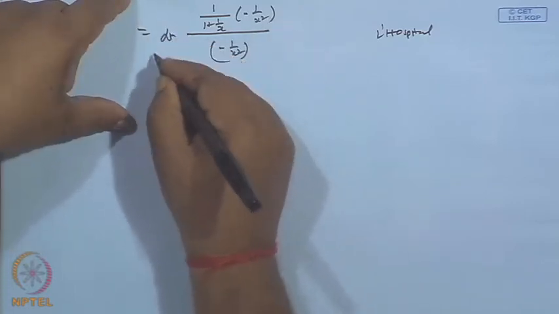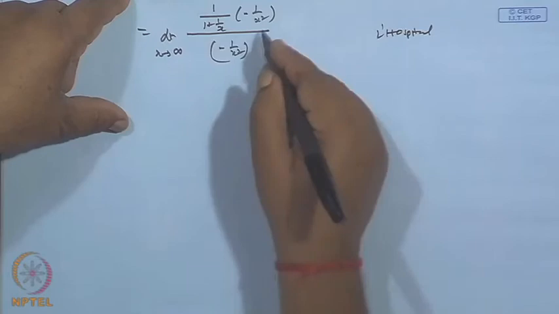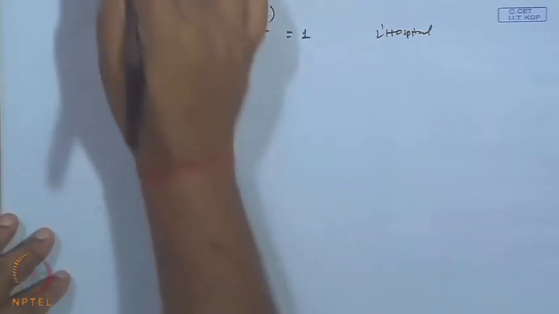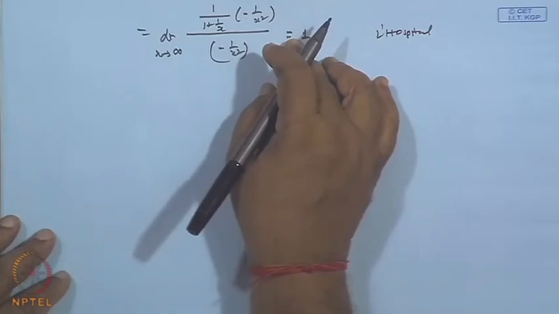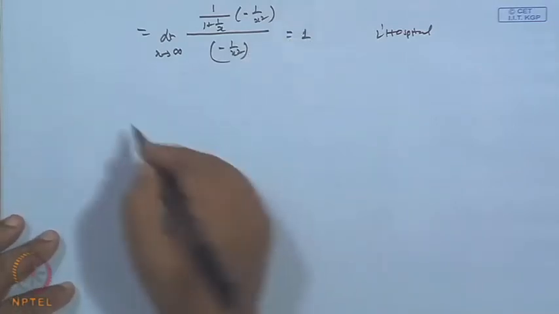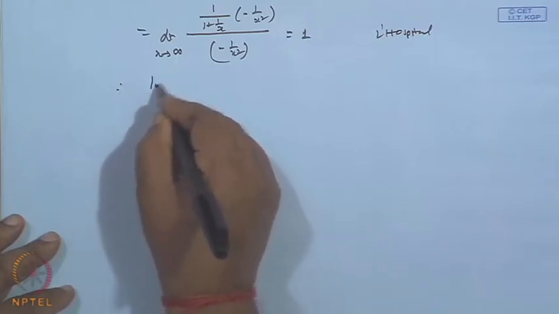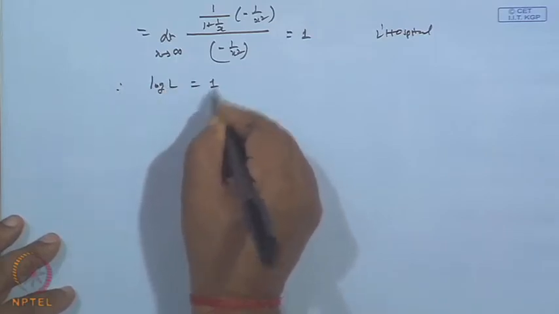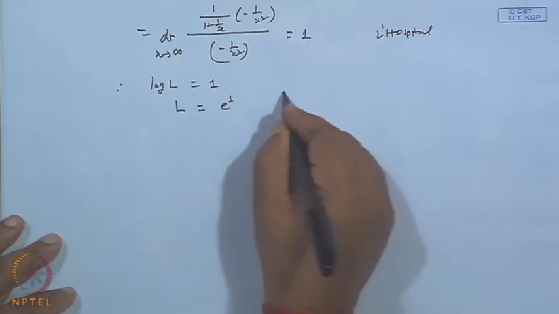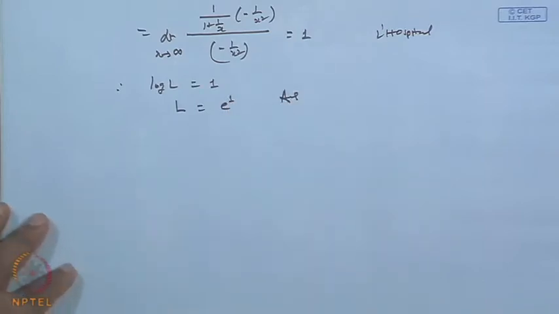Then take the limit as x tends to infinity. Basically this limit comes out to be 1. So, since log of L is 1, therefore, the anti-log of this will be e to the power 1, that is e. So, the answer is basically e.